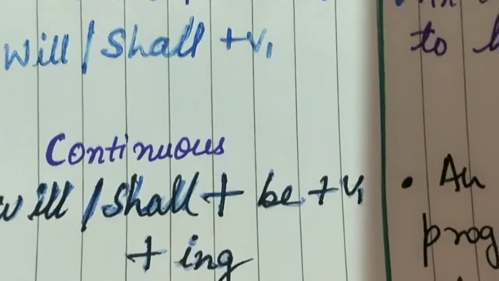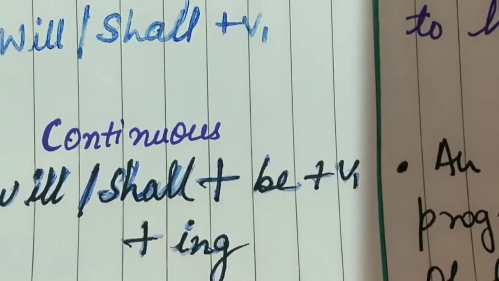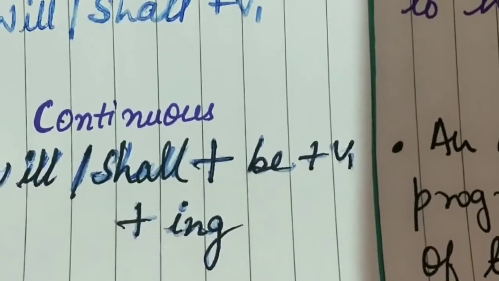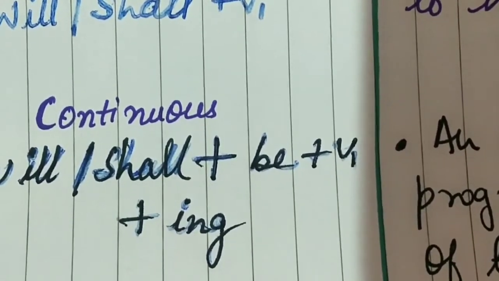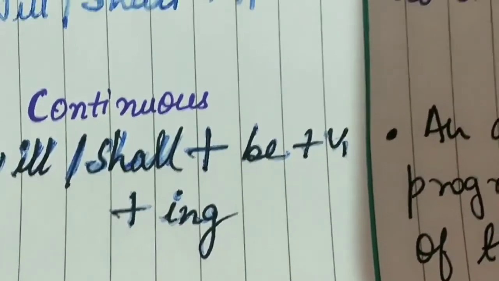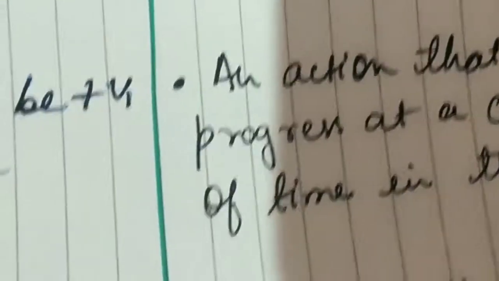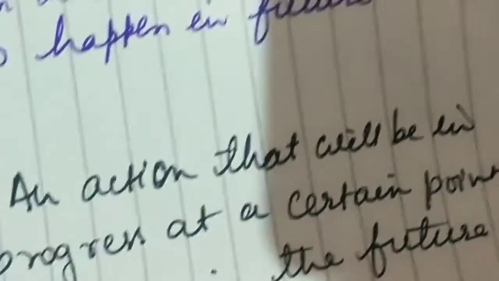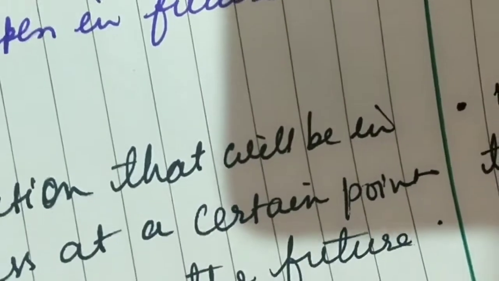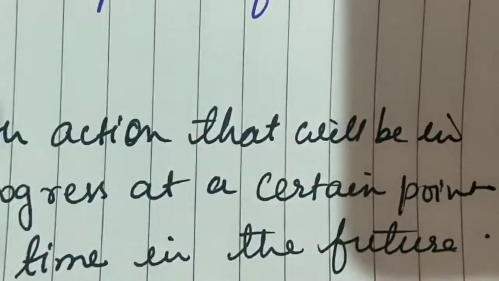So let's see the simple future tense. When we talk about things which we cannot control, like it will be Christmas in a week, or when we predict something, like I think it will rain today, or I think India will win the match, there we use simple future tense.